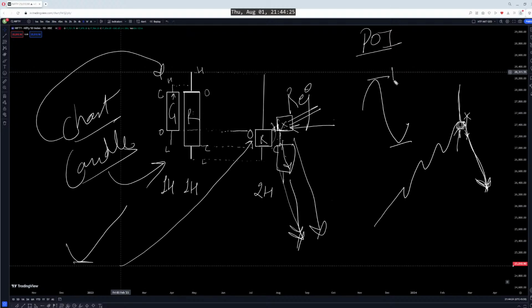Every up and down would be some sort of resistance and support, and what price does when you reach that support or resistance is either you're gonna respect it to revert or you're gonna not respect it to continue. That means a continuation or a reversal, and that we try to find out with all sorts of these candlestick patterns, chart patterns, theories, structures, indicators, everything.